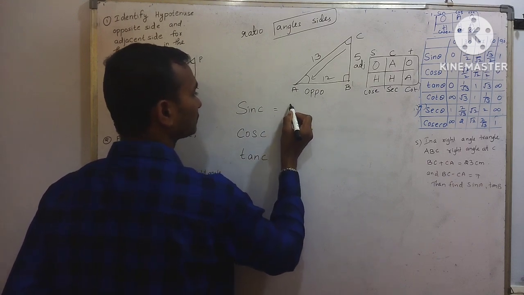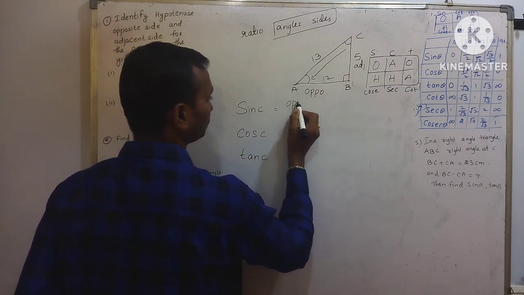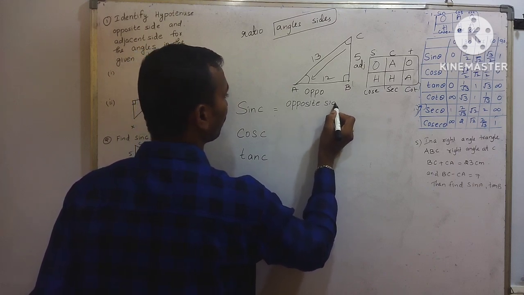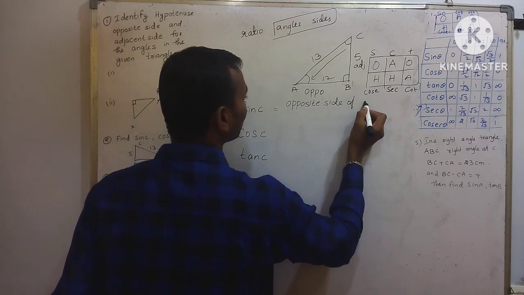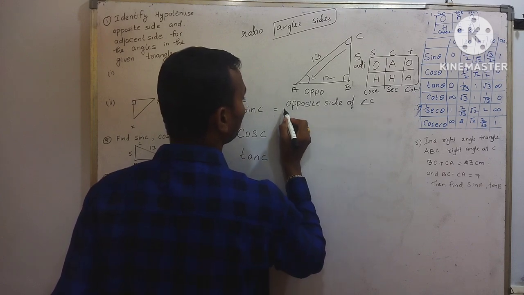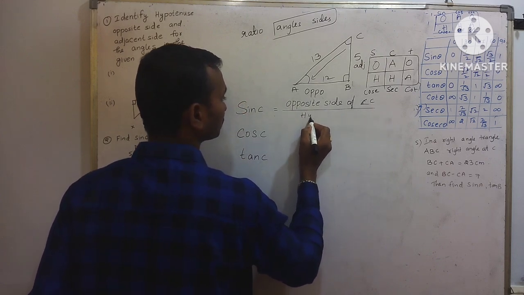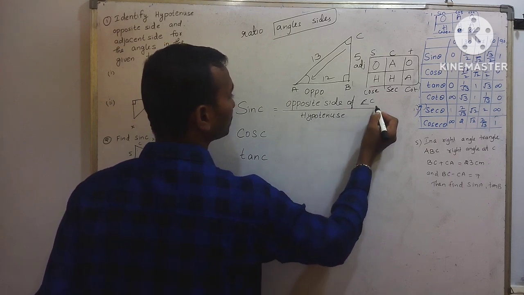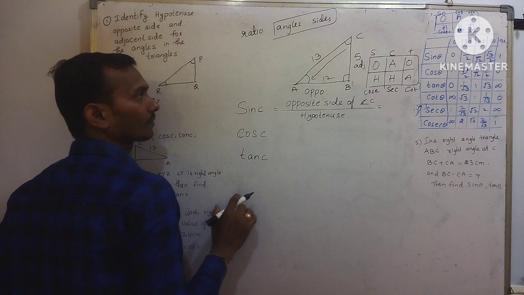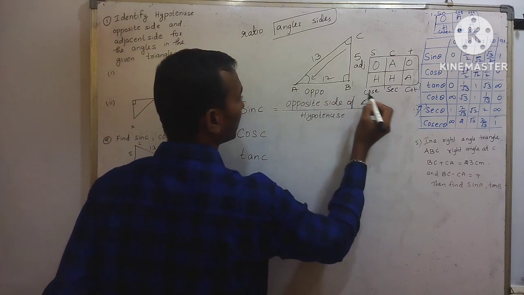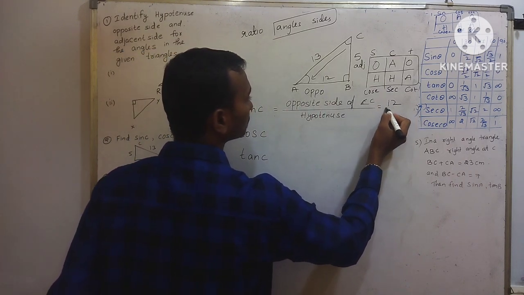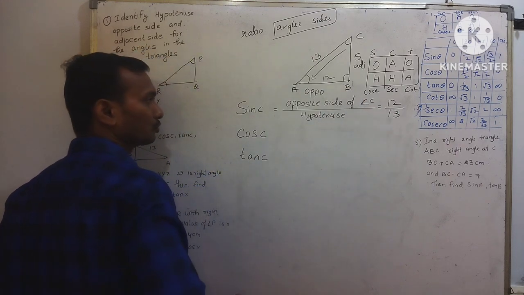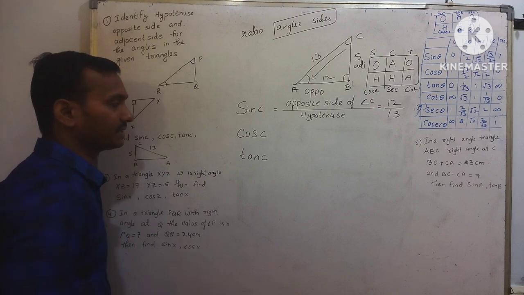So sin C is opposite side of angle C by hypotenuse. What is the opposite side of angle C? AB. AB value is nothing but 12. Hypotenuse will be 13, AC. So 12 by 13 is the answer for sin C.